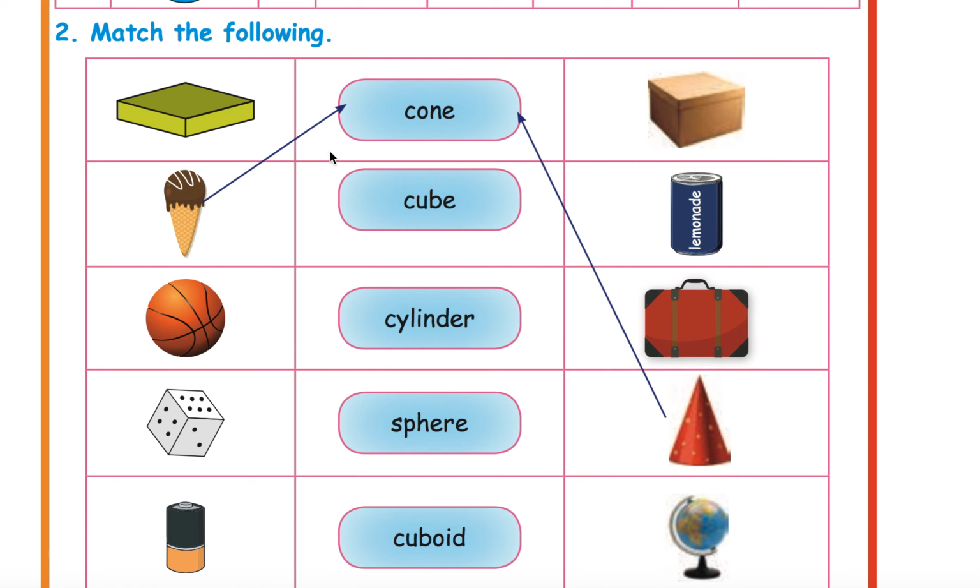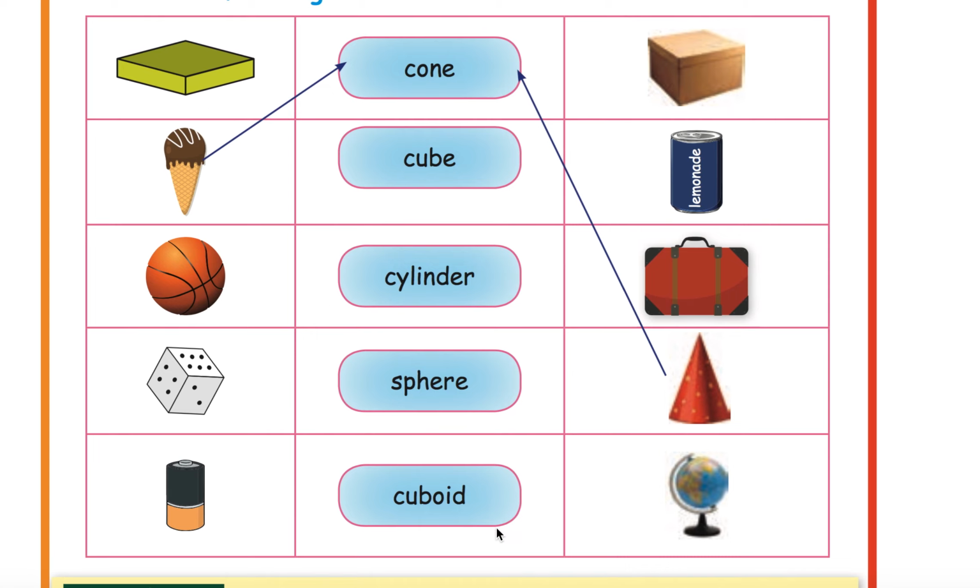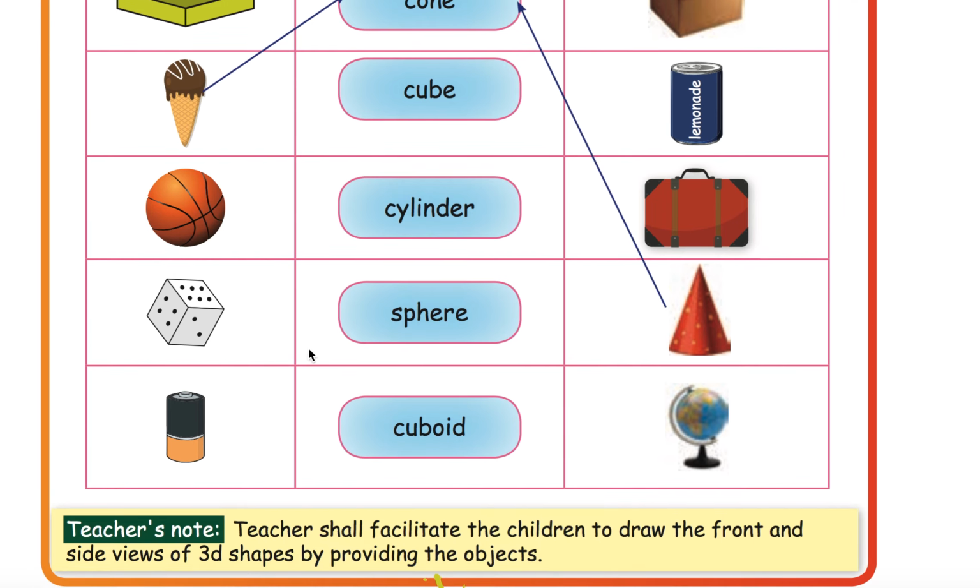Match the following. Yeah, this one is cone. This one is also cone. This one is cuboid. This one is also cuboid. This one is sphere. This is also sphere.